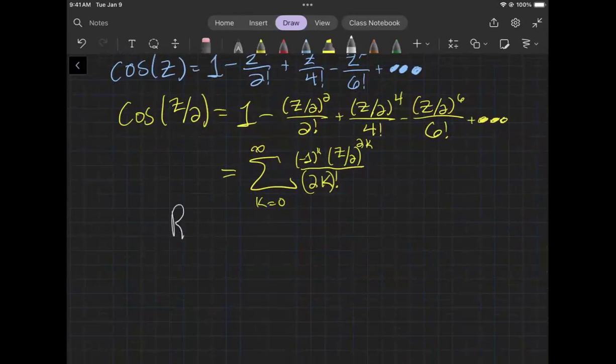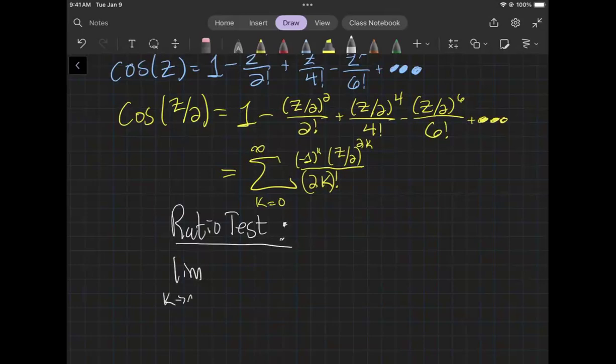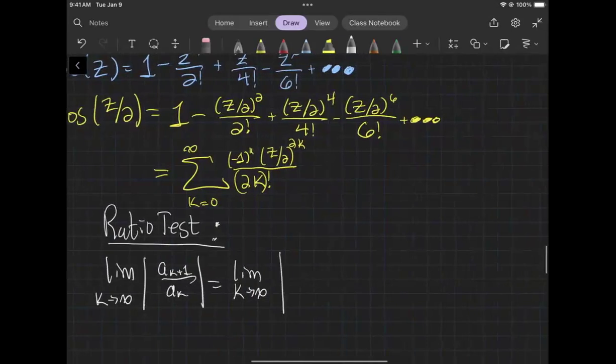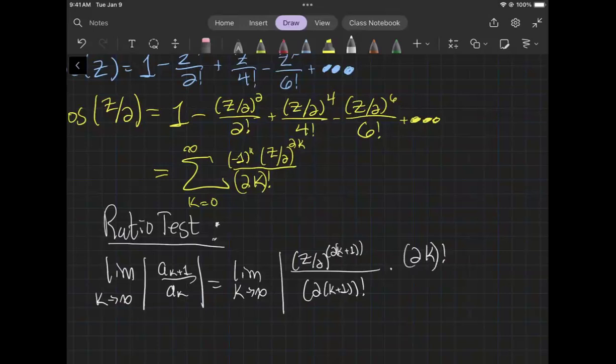And if you do the ratio test, you take (z over 2) raised to the 2k plus 2 power divided by 2 times k plus 1 factorial, times 2k factorial divided by (z over 2) to the 2k power.